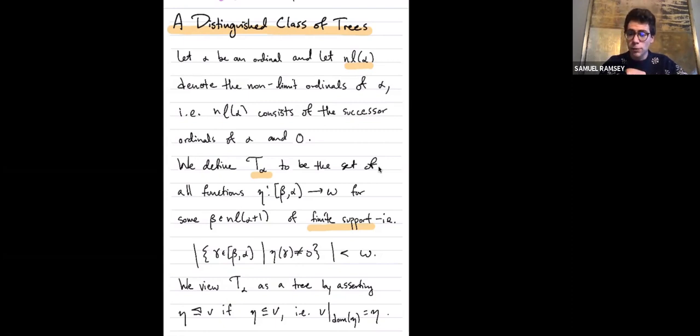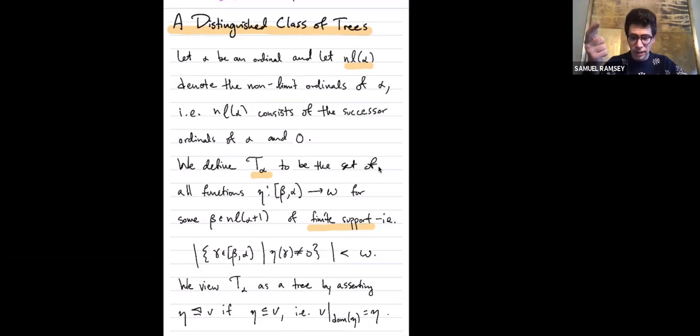What does it mean for the function to have finite support? I mean that the number of places where it is not 0 is finite. Okay, so we see a few things. The elements of the tree are functions defined on intervals of alpha.